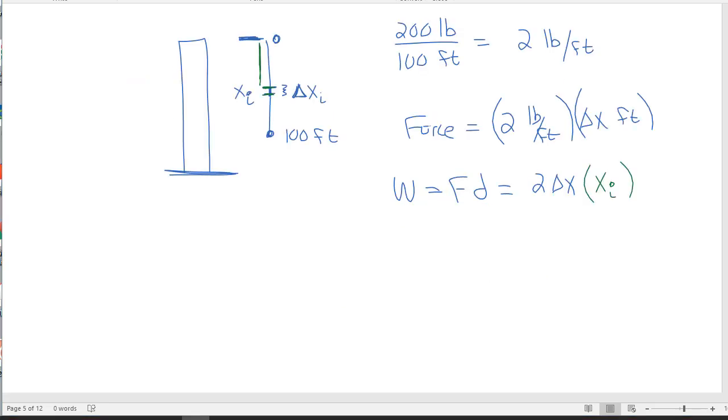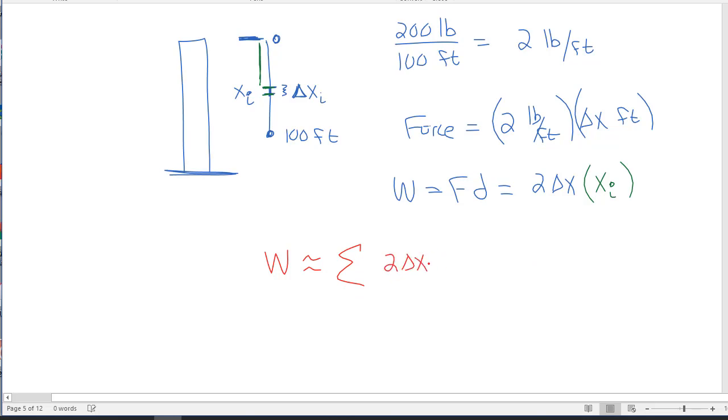All right, now as we move this entire chain up to the top of the building, we're summing up all of those little pieces of work. So I'm going to write this out, but I'm going to be a little lazy with this. So the work of the entire chain is approximately the sum of all of those little pieces of work. So we have all of our forces times our distances moved. We technically cut that chain into n segments.